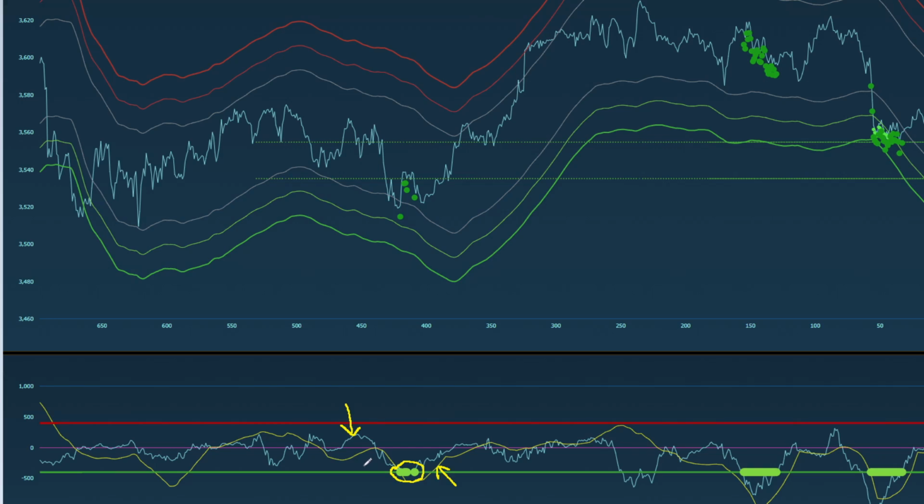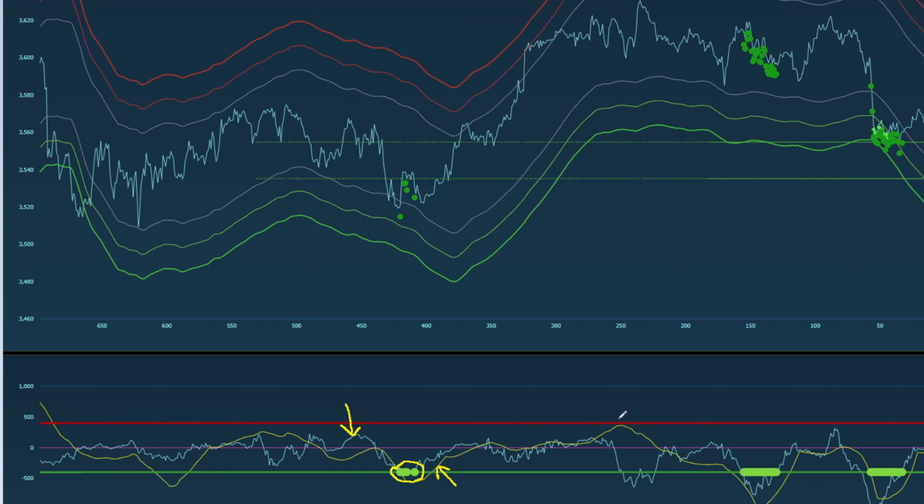And they occur when both Momo 1, so the blue line, and the Momo 2, the yellow line, go below minus 400 at the same time, or are in this area below minus 400 at the same time, or they are both above 400, and that would mean the short signal.